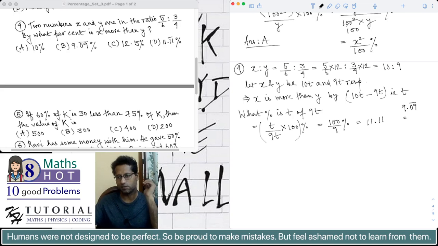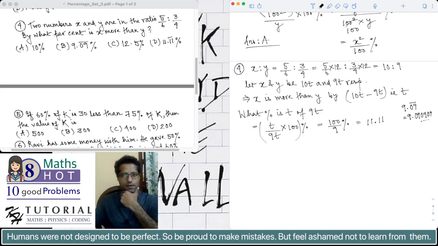This means the 09 will keep on repeating forever. We cannot write 9.090909 forever, so to mean that 09 repeats forever after the decimal point, we put a bar on top of 0 and 9.